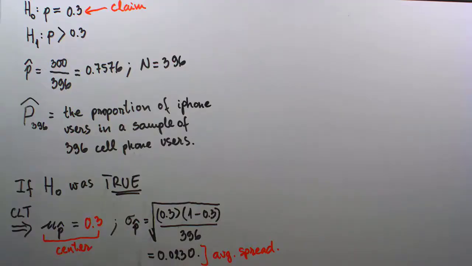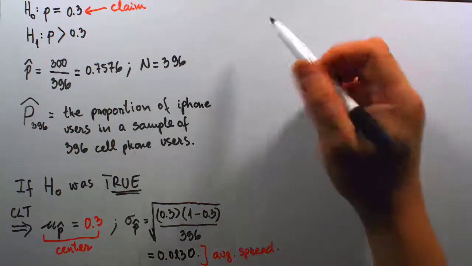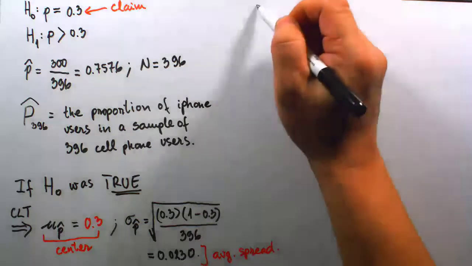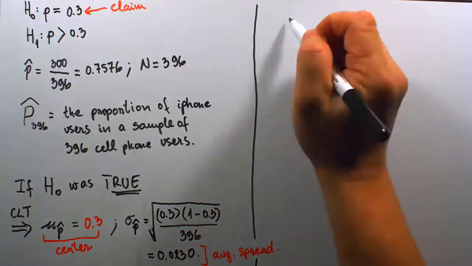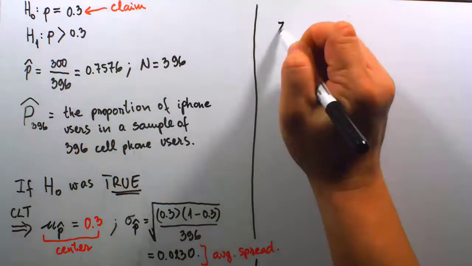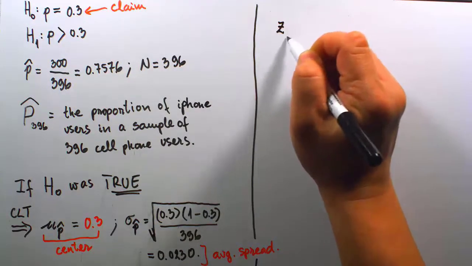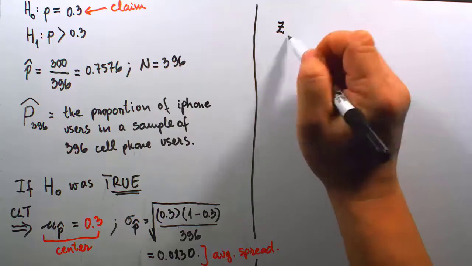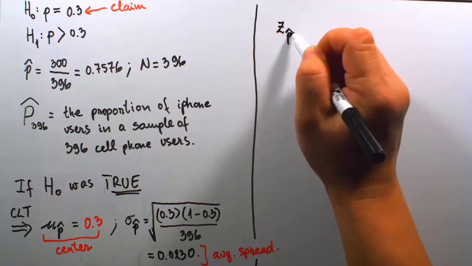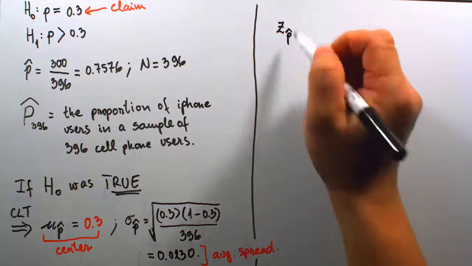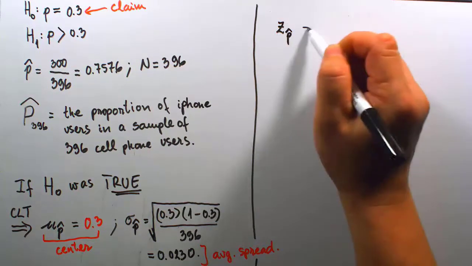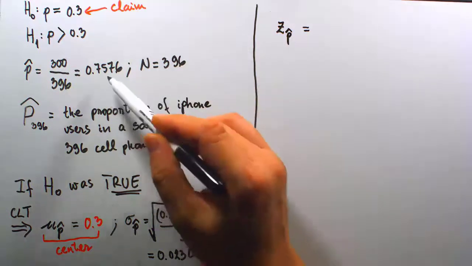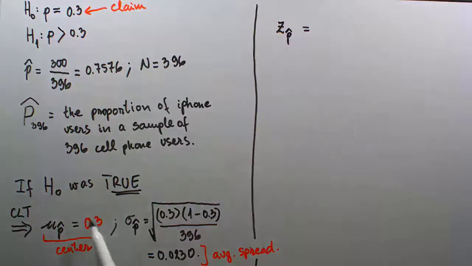And so having mean and standard deviation, now we can always calculate the z-score for our particular sample. Using a subscript p hat here is only an optional thing, but the idea now is that I am calculating the z-score of my particular sample relative to the center.